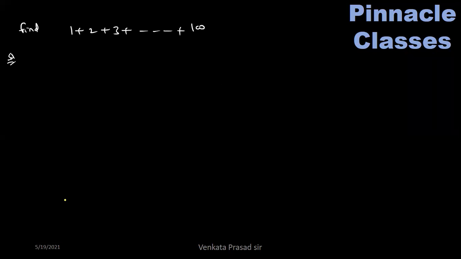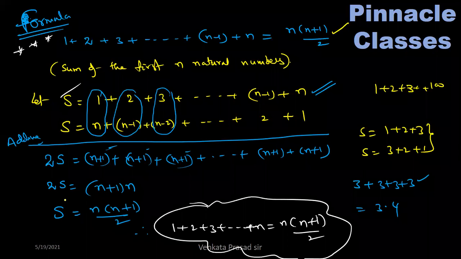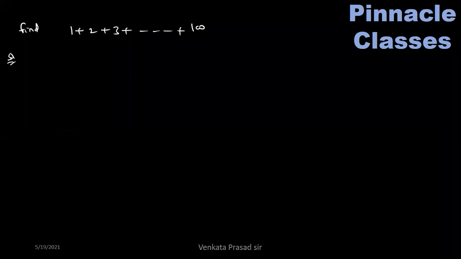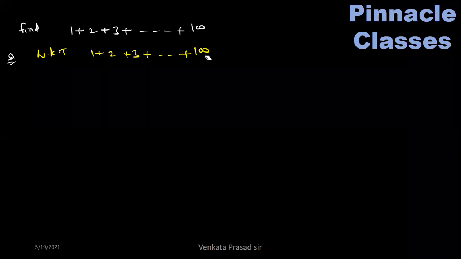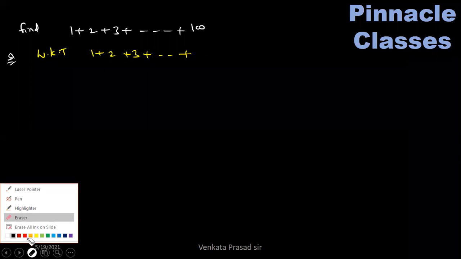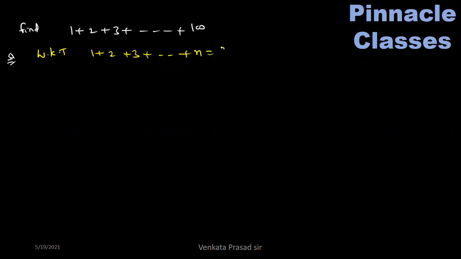With the help of the previous question, see this one. Using this formula, you can solve. We know that 1 plus 2 plus 3 plus and so on, the answer is n into n plus 1 by 2.